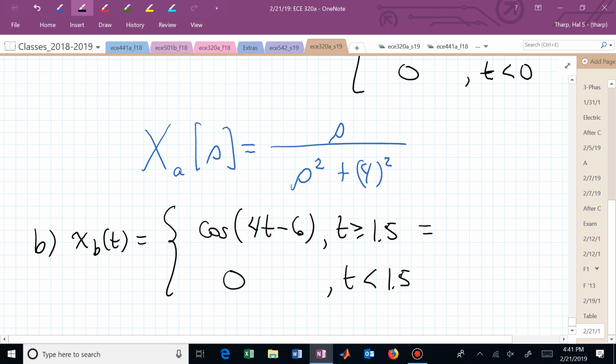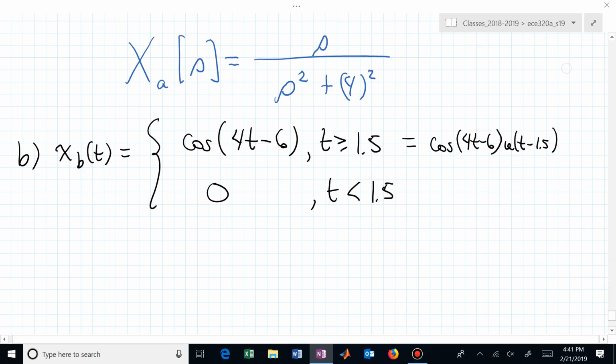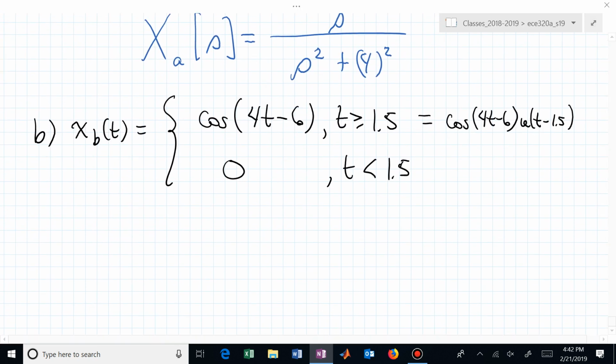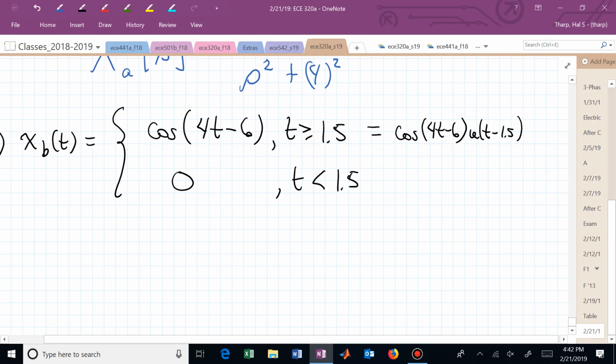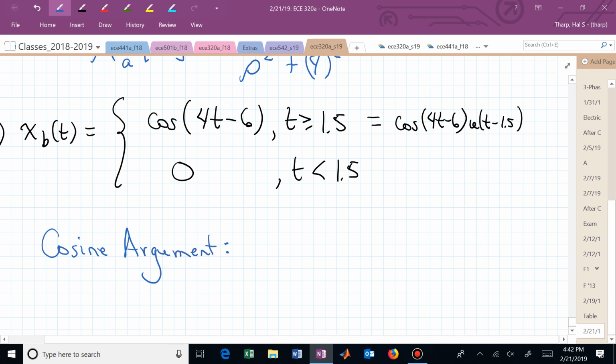Or this is the same as saying cosine of 4t minus 6 u of t minus 1.5. And I've actually set this up to be a convenient argument in the cosine. Let's look at the cosine argument to understand what I mean by that. The argument of that cosine waveform is simply 4t minus 6.